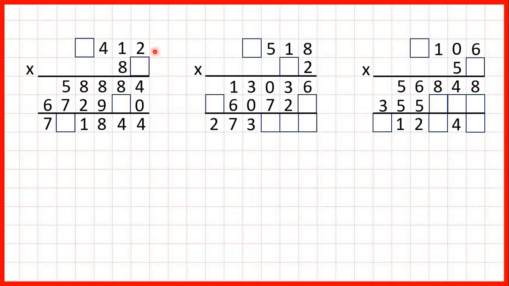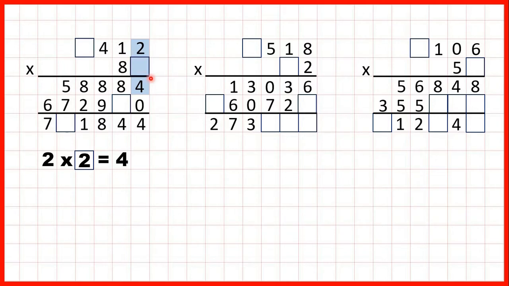Now here we have some missing digit long multiplication problems, and the way to solve these is to work through the problems in the same steps that we use for long multiplication. So we start by multiplying our ones digits, but we have 2 times something equals 4. Now you might think 2 times 2 is 4, so this answer box has to be a 2.